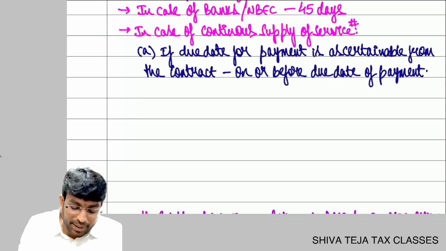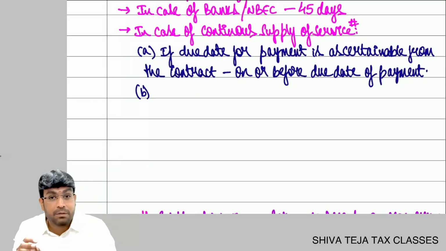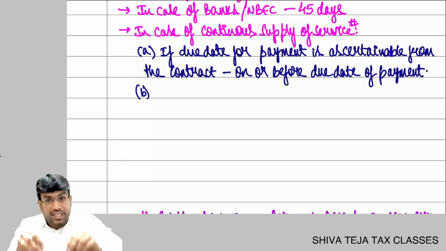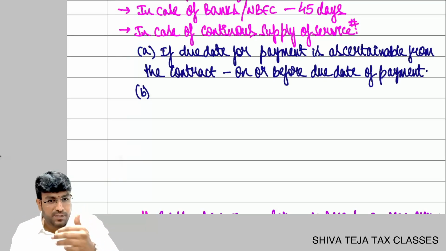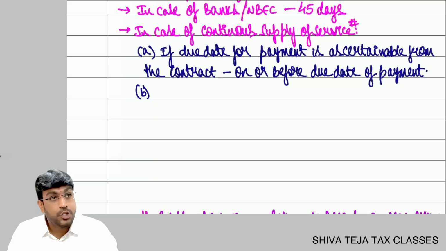Ascertainable from the contract means that in the contract it is clearly fixed: after 3 months this, after 6 months this. Then on or before due date of payment, please issue the invoice.